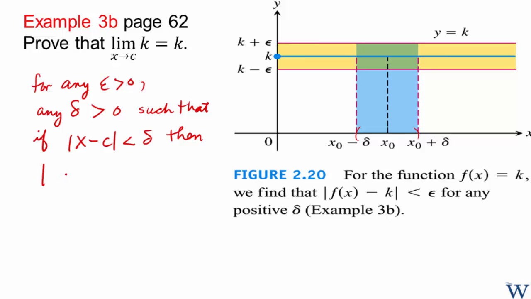Because what is the function? k. What is the limit? k. And that difference is equal to 0, which will always be less than epsilon because epsilon is always greater than 0. That proves that the limit of the constant function as x approaches c is equal to the constant k.